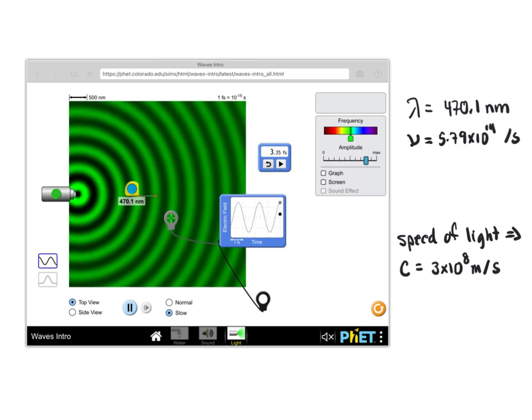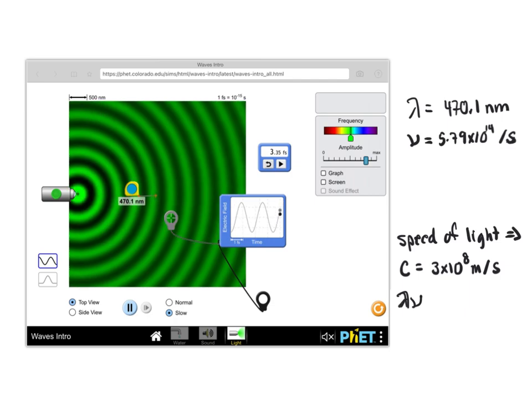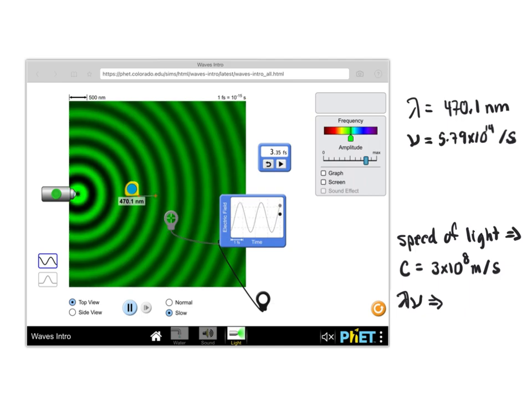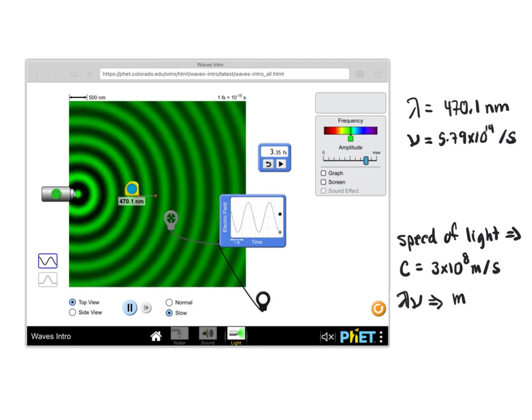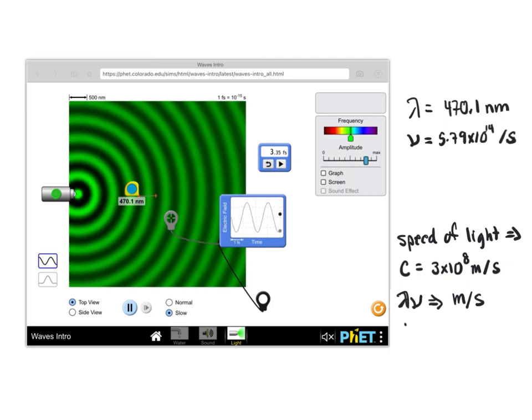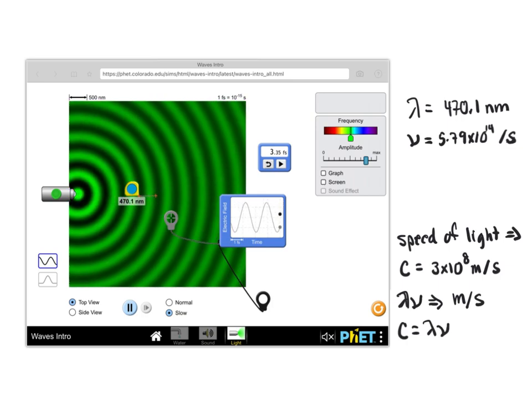If frequency has units of per second and wavelength has units of meters, then I can get meters per second by taking the wavelength and multiplying by the frequency. The wavelength is in meters, the frequency is per second, and that will have units of speed. So the speed of light is equal to the wavelength times the frequency.